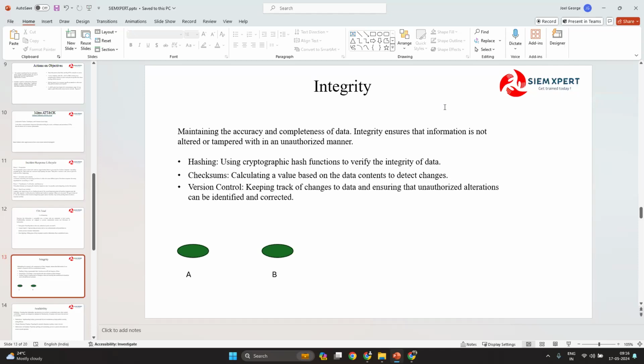So, surface level, before I get into encryption, I'll just clarify the integrity part.